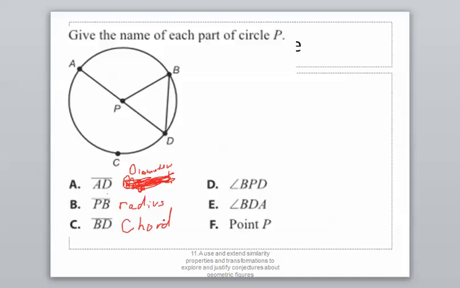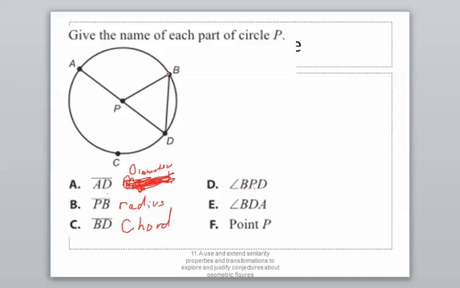A chord is a length that goes across the circle, but not through the center. Well, in actuality, AD is a chord as well, but it's a special chord called the diameter. BD is just a chord. Now I want you to notice, PB is not a chord because it doesn't go all the way across the circle, does it?